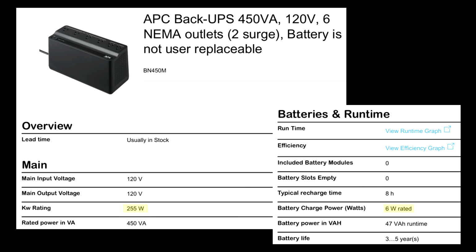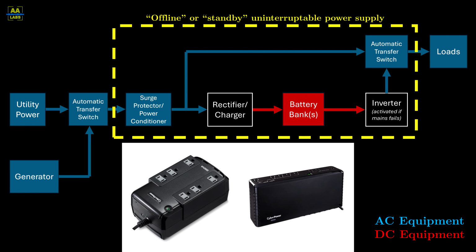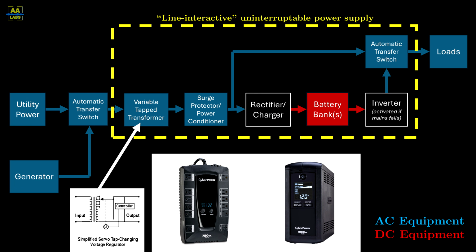A significant limitation of the offline UPS is that it must transfer to battery in the events of sustained undervoltage or overvoltage. Note that surge protectors only protect against brief voltage spikes and not sustained overvoltage events. The Line Interactive UPS was created to solve this problem.